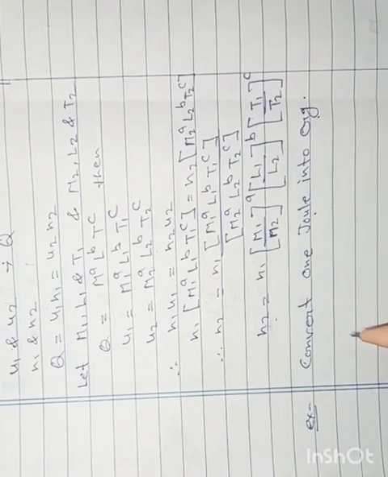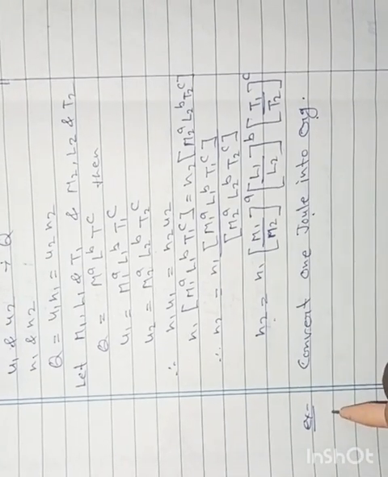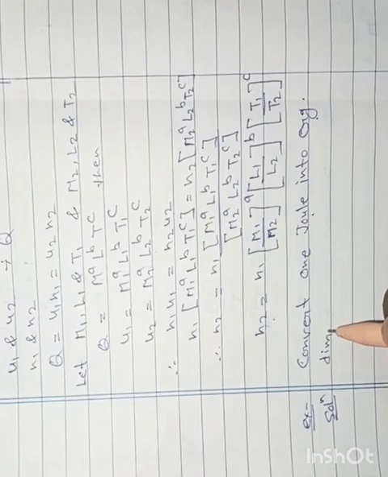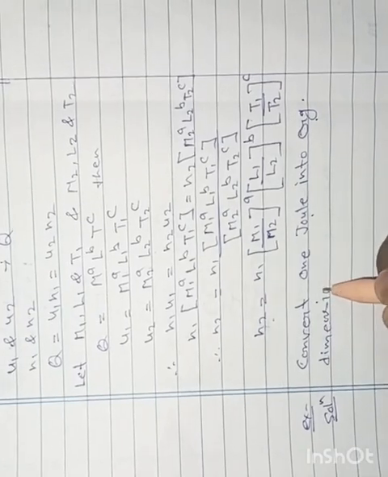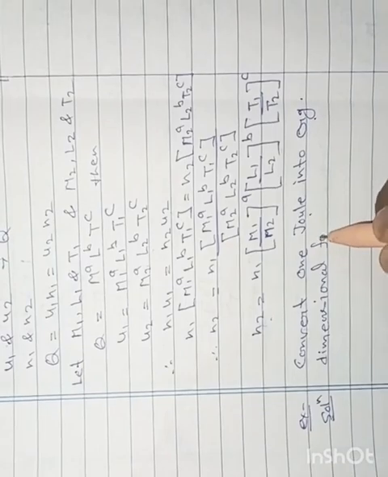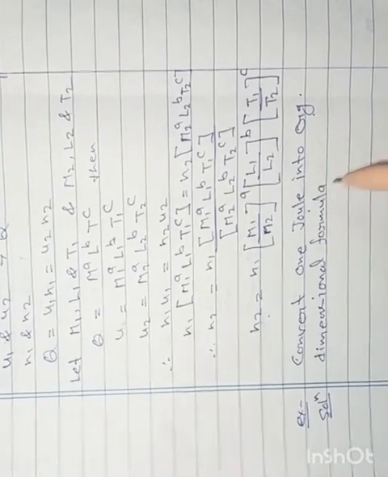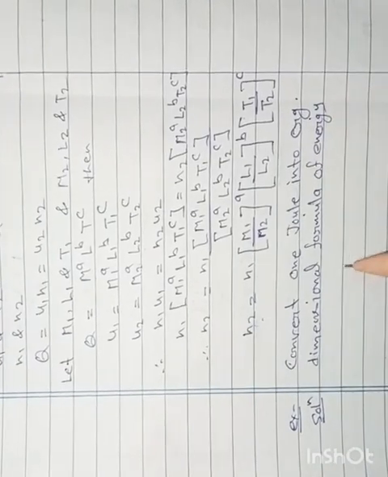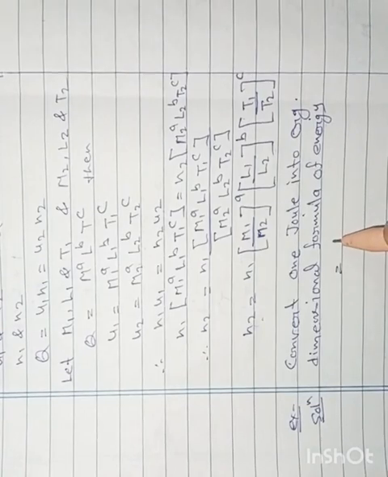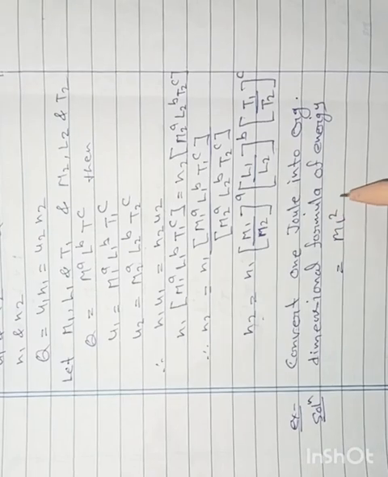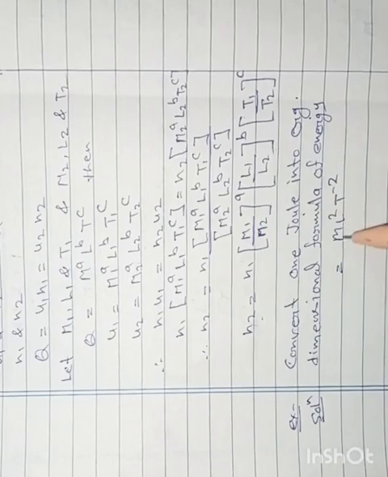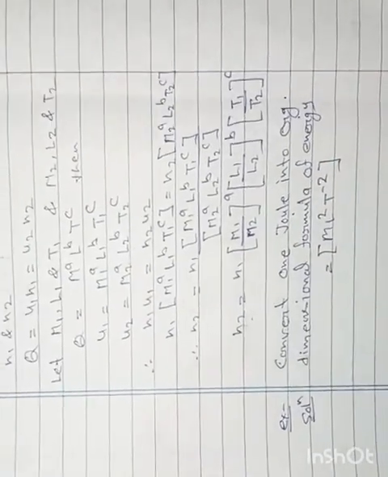and the dimensional formula of energy is M L squared T to the power minus 2. Okay, this is the dimensional formula of energy. We know it already.